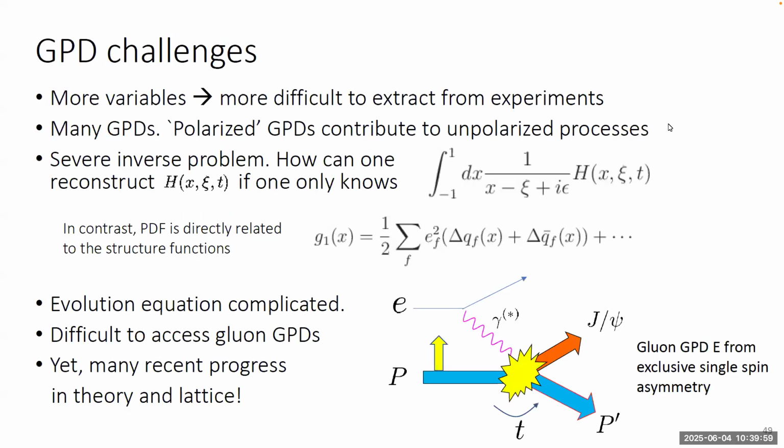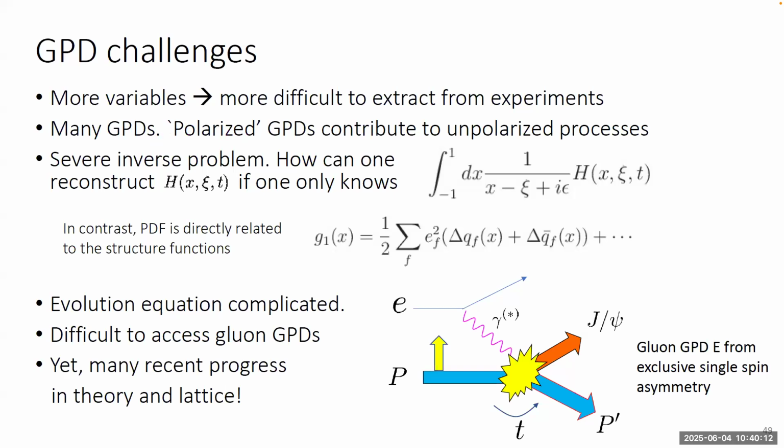Before my lecture today, there was a question yesterday about this point: the polarized GPDs contribute to the unpolarized process, and then Nicholas asked what about the opposite case?